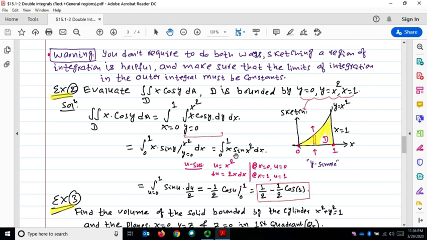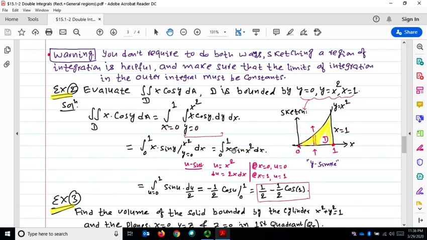And this x integral is a good candidate for u substitution. So let's substitute u equals x squared, take the derivative, du equals 2x times dx, and at the same time let's change the limits of integration. So at x equals 0, u equals 0, and at x equals 1, u equals 1.